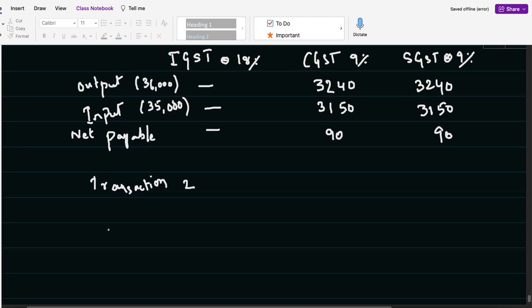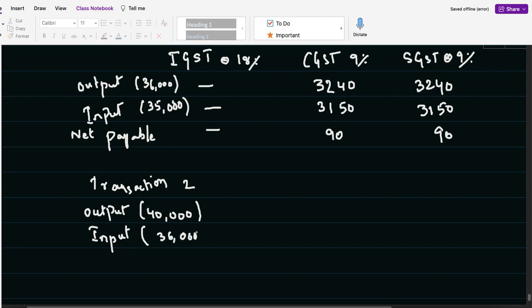Here the output GST he has got is 18% of 40,000 because he ultimately sold the item for 40,000 to the end customer, and the input he has paid to dealer 1 is on 36,000, right?